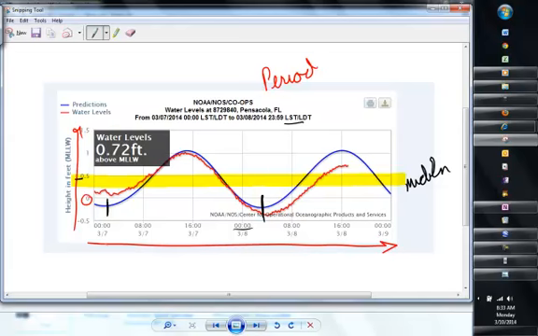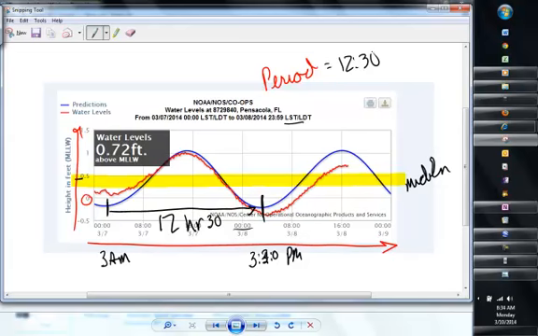So it looks like the first low tide here was at about 3 a.m. And then the second low tide looks to be almost 3:30 or 4 o'clock p.m. 3:30 p.m. So from here to here is 12 hours and 30 minutes. So the period would be 12:30.